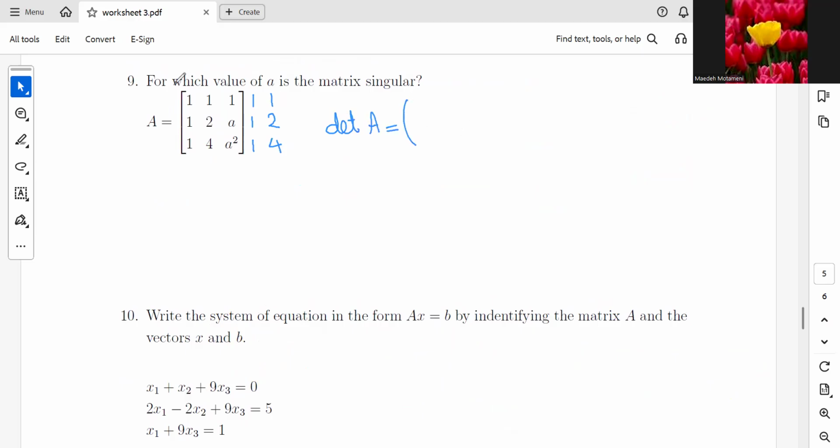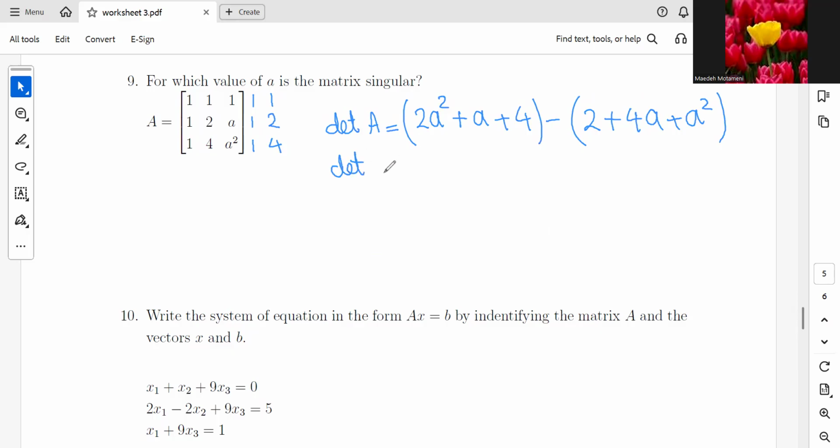So for the first part, we're going to multiply 1, 2, and A squared. So it will be 2A squared plus 1A and 1, which will be A, and 1, 1, 4, which will be 4, minus 1 times 2 times 1 will be 2, plus 1 times A times 4, which will be 4A, and the last one, 1 times A squared here.